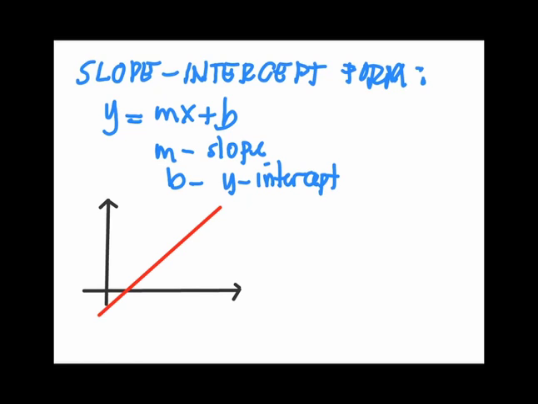Okay, here the line is assumed to be forming an angle with the x-axis. We'll now denote the angle by theta. The equation of the line in the slope-intercept form is given as y is equal to mx plus b. That is, this is now this line here, right?